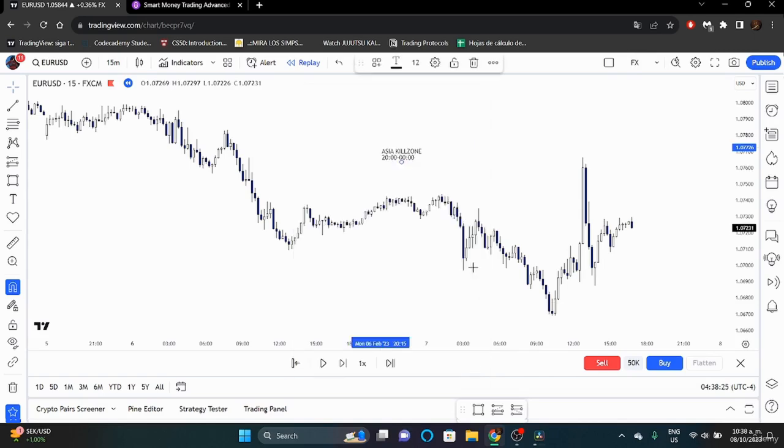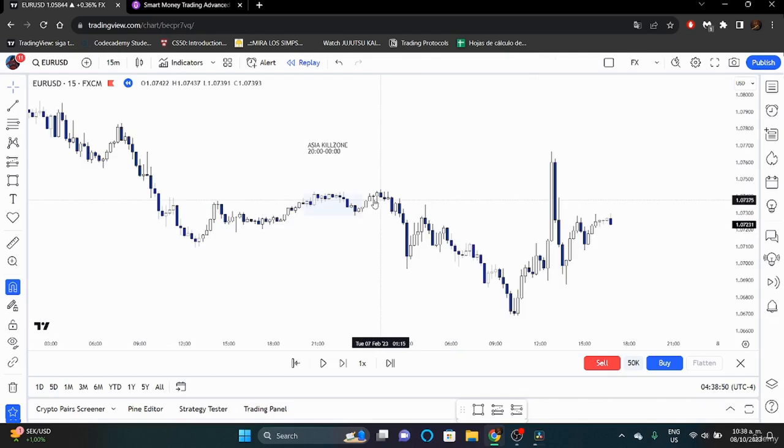Okay, Asia kill zone is from 20 to 0. I'm going to mark them with boxes, and most of the time it's a ranging market. As you can see, this is your Asian kill zone. It's a ranging market for about 4 hours. Okay, 4 hours of range.